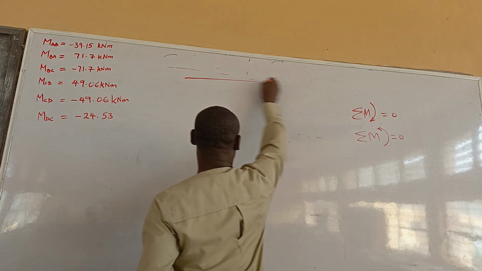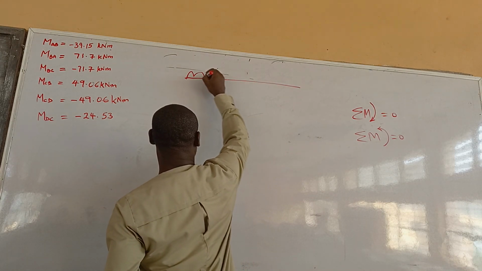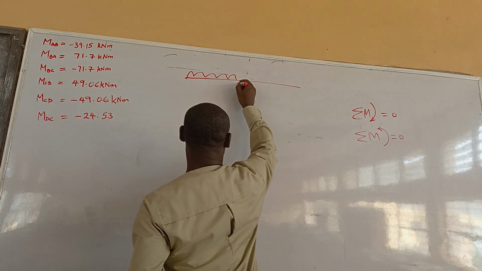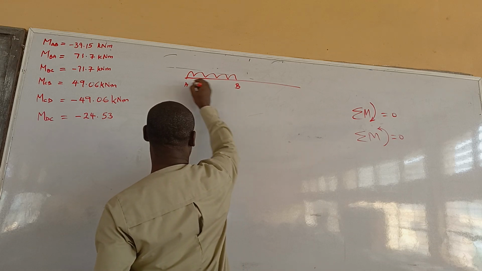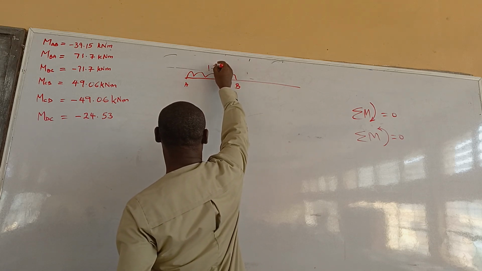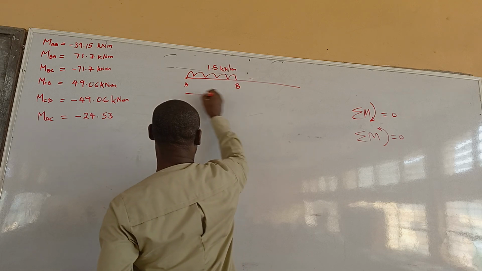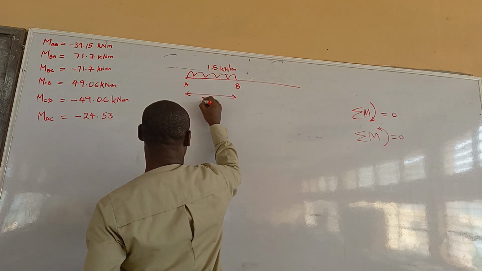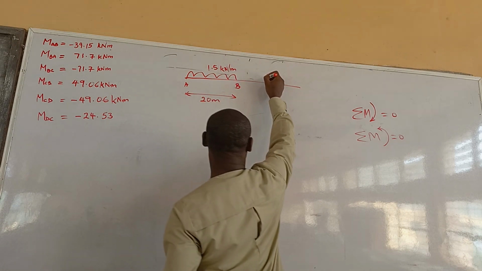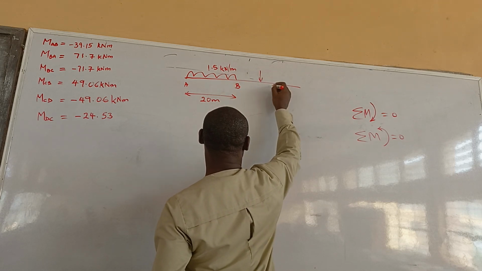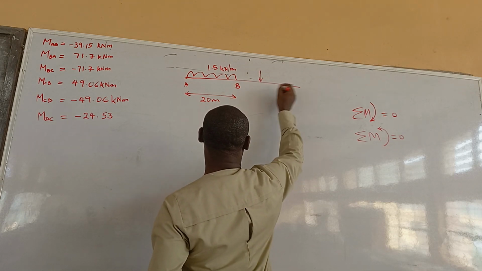If we recall, I think the diagram that we had was something like this. This is point B, right? Point A here, and I said this one is 1.5 kilonewton per meter, right? And this distance is 20 meters, right? And the other distance, it was loaded at the center here, and this is point C here.